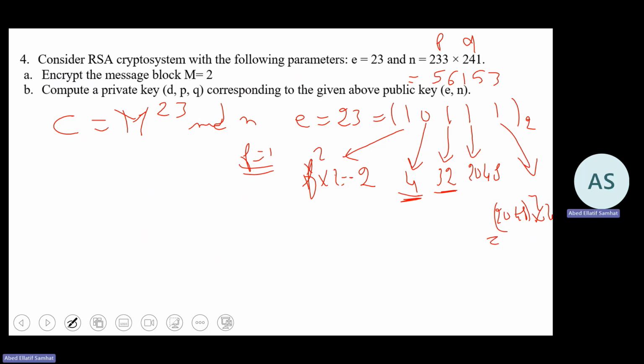I didn't calculate it, but because we need it modulo n, we should find it modulo n. Remember that in the equation we are always working modulo n. This will be the encryption of this value.